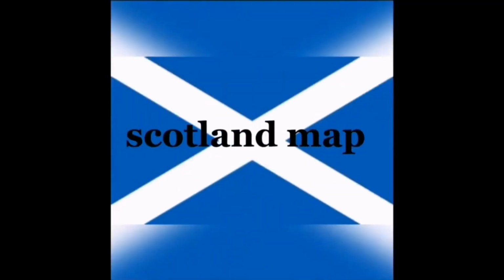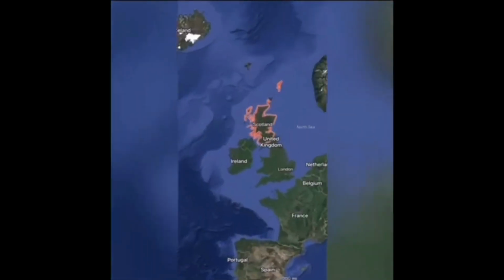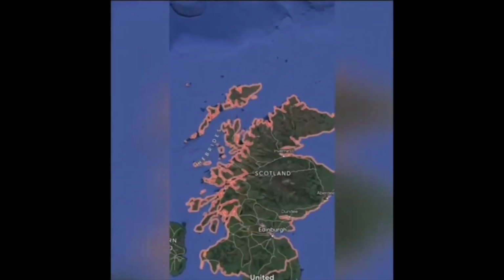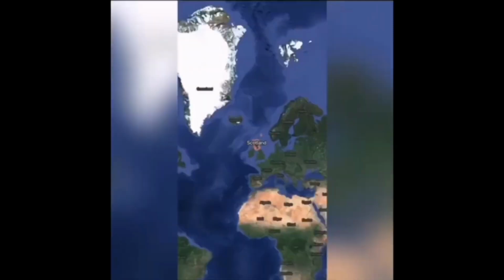Scotland map. Geographically, Scotland is the northernmost of the four countries that form the United Kingdom, along with England and Wales. It is part of the island of Great Britain, northwest of the European continent, covering a third of its total area. It also consists of more than 719 islands.